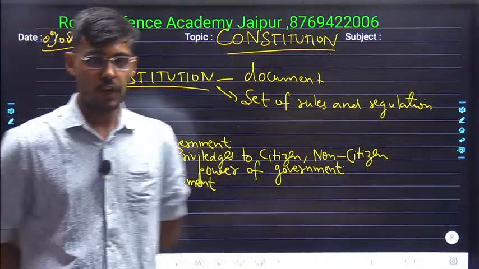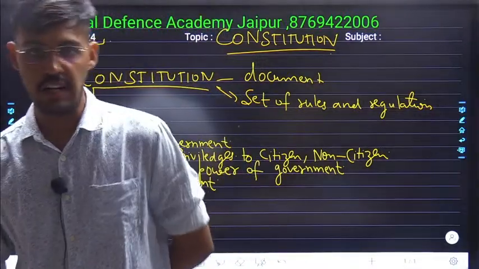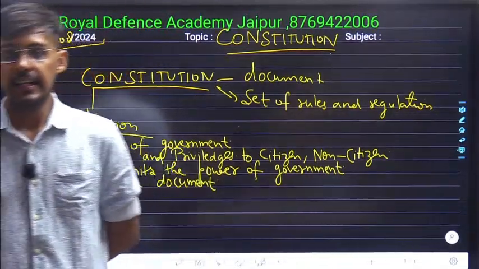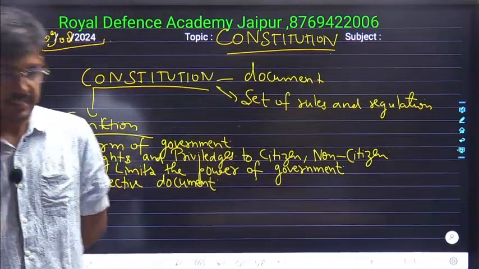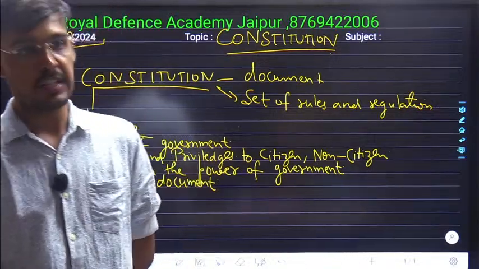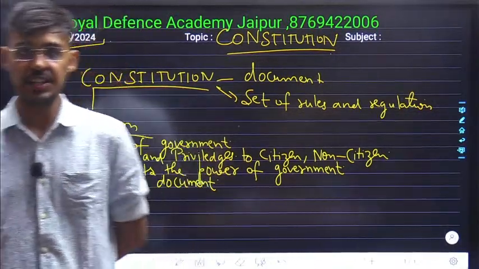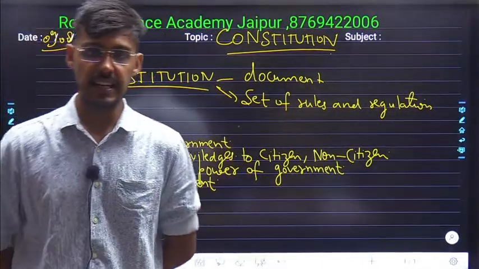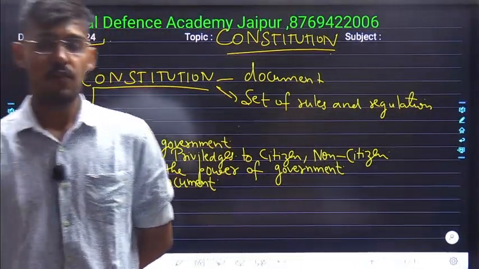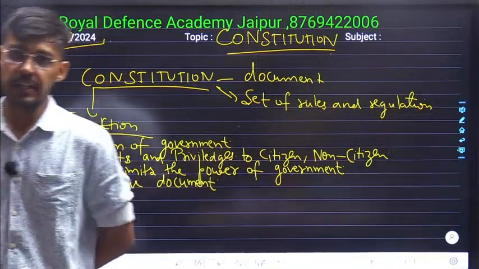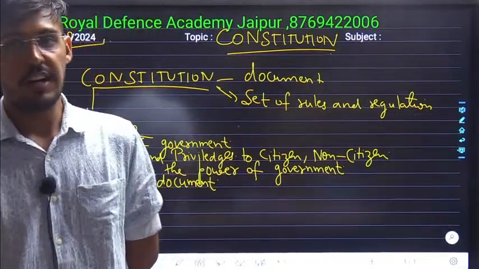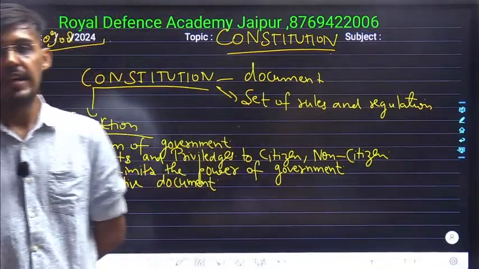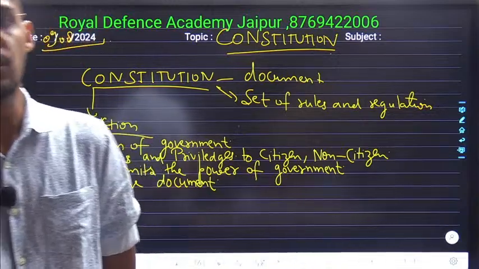The next feature of the constitution, particularly the Indian constitution, is that it mentions the fundamental duties of citizens. The constitution also mentions what the citizen must do, what their roles and responsibilities are as a citizen of India. For example, one of the fundamental duties is that we have to protect our national heritage of our composite culture.